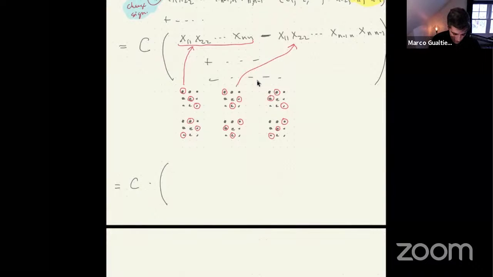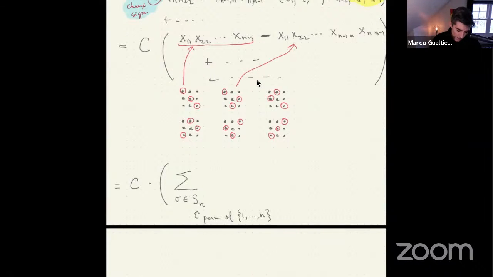You take a sum over the elements of the symmetric group, the permutations of the set 1 up to n. And then what you do is you take from the first vector, sigma of 1.